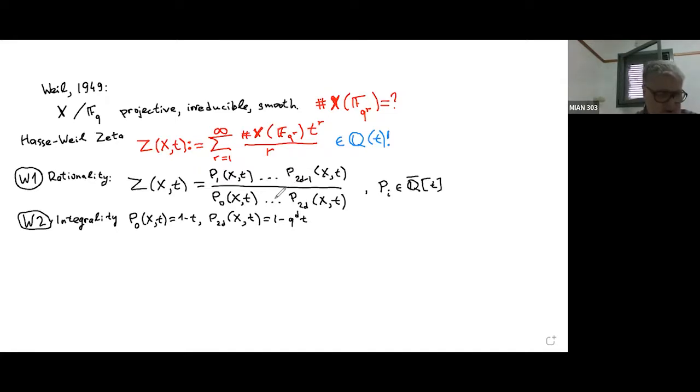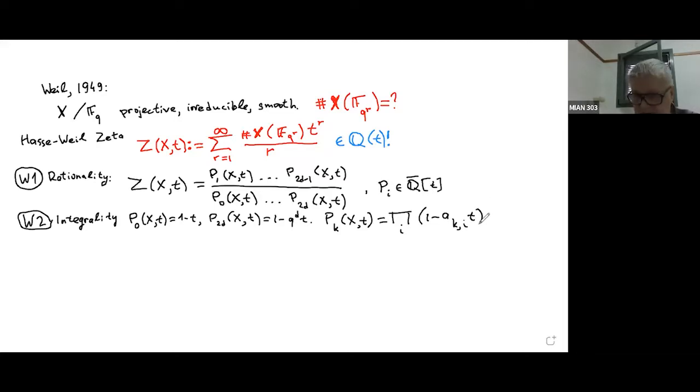As for the other polynomials, the p sub k's of x, t is the product over i of 1 minus a sub k,i t. We'll soon know what the number of i is.